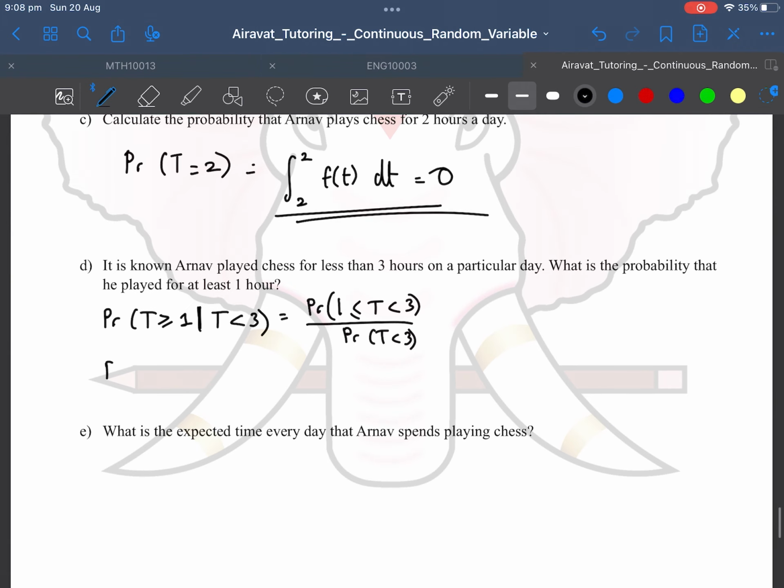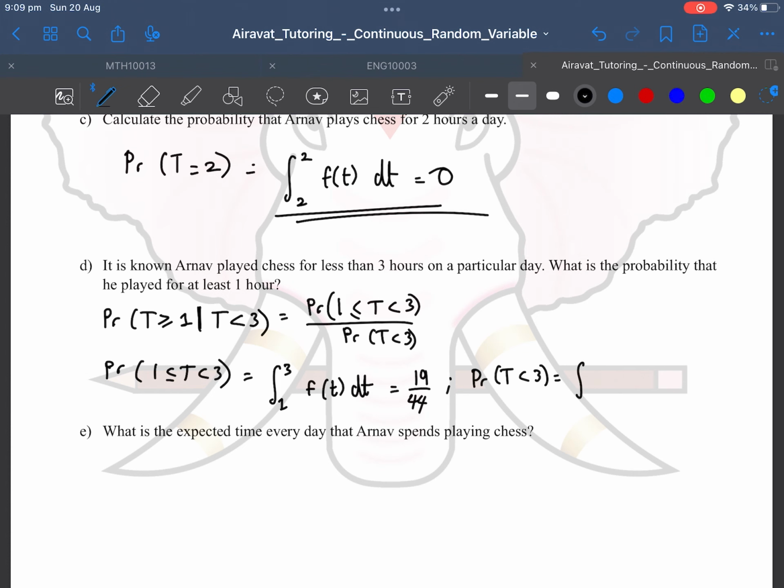And the probability of 1 less than or equal to t less than 3 is just going to be the integral from 1 to 3 of f(t) dt, which is going to be equal to 19/44.